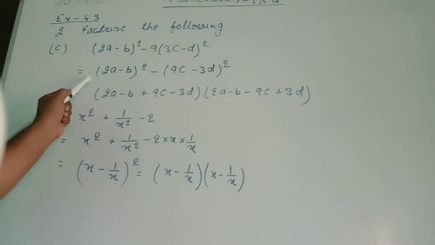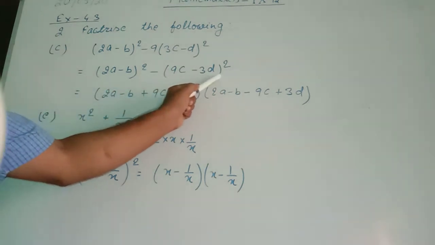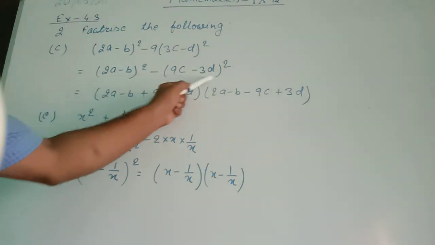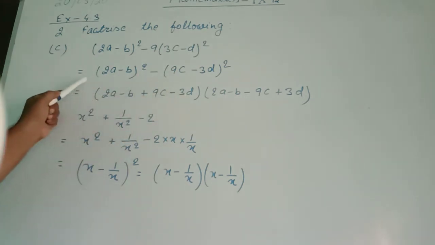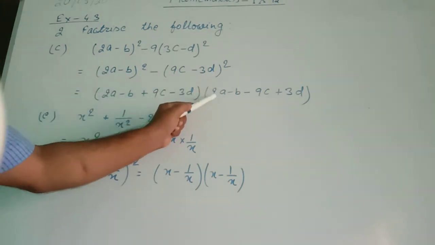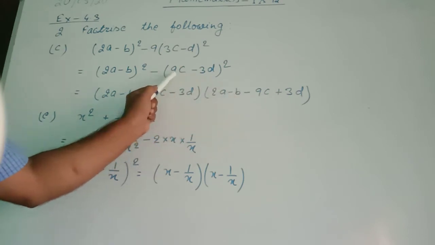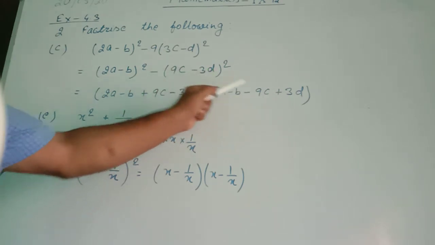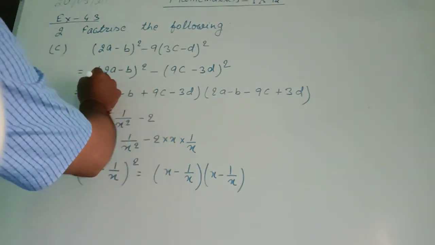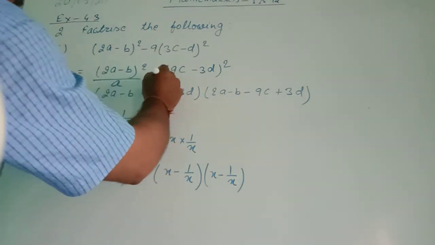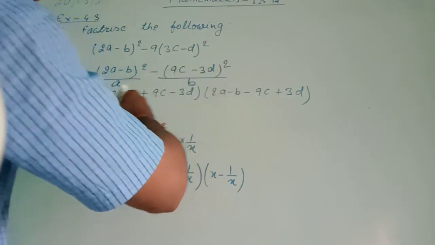square. Now this is a square minus b square. So a plus b means 2a minus b plus 9c minus 3d. A minus b, so 2a minus b minus 9c and minus minus plus 3d. So this whole is considered a and this whole is considered b.